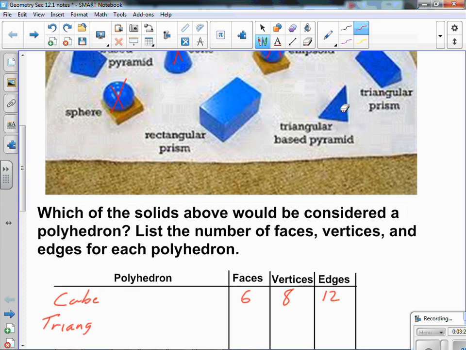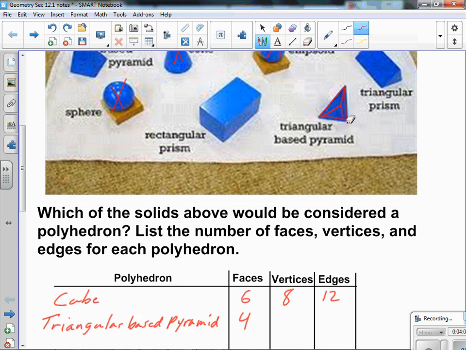The next one we have is a triangular based pyramid. And so if I'm looking at it like that, as far as faces, you got a triangle on the bottom and 3 triangles going around the sides, so that's going to be 4 faces.